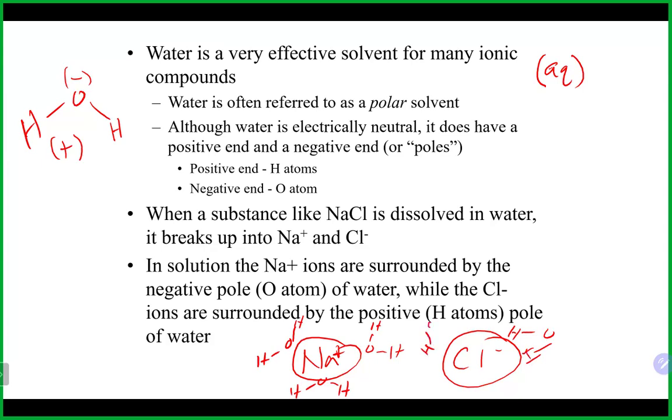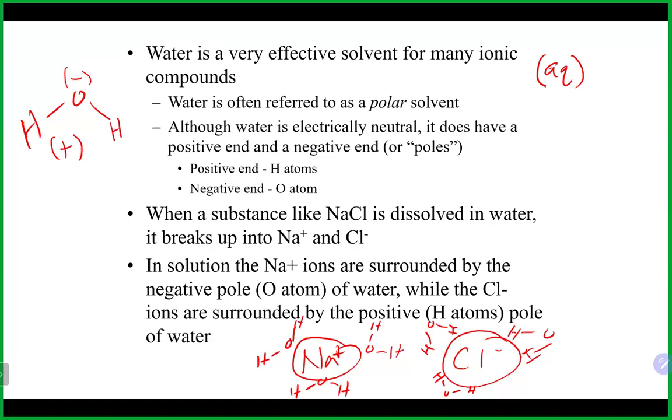It's more of a physical change. We just cannot see the sodium and chloride ions anymore because they're surrounded by a ton of water molecules. The negative ion would be surrounded by the positive side of water, the hydrogen part, and the positive ion would be surrounded by the negative oxygen.